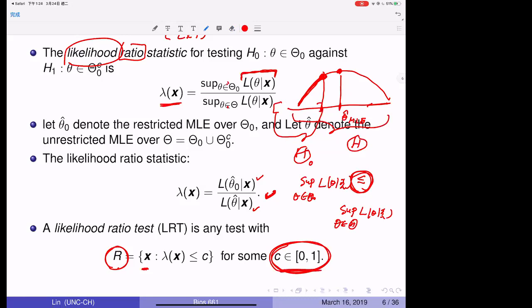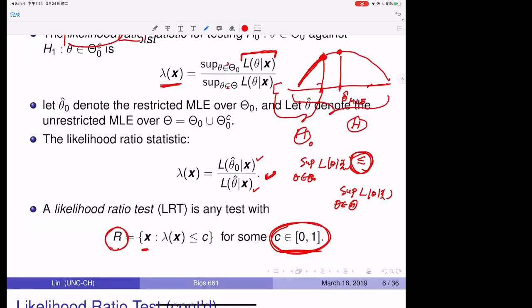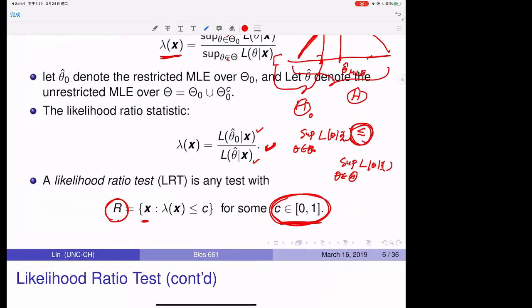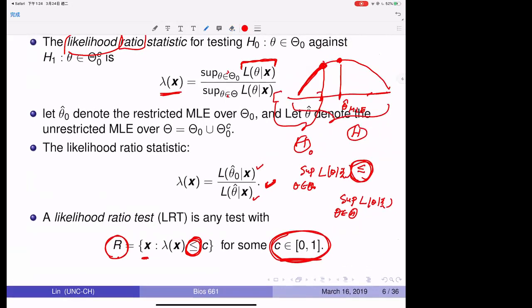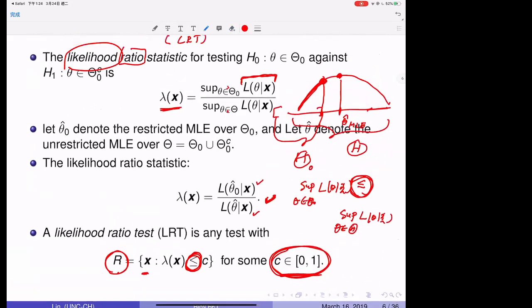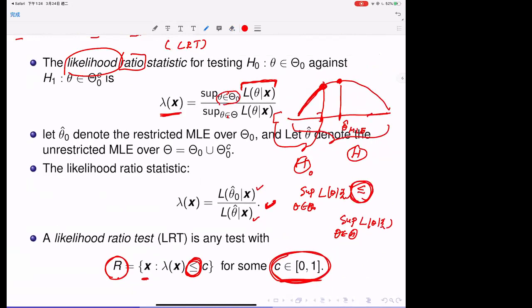Okay, good. Again, think about what likelihood means. If under the null space this value is too small, small enough to pass some value, you are going to say the null space is not going to happen.